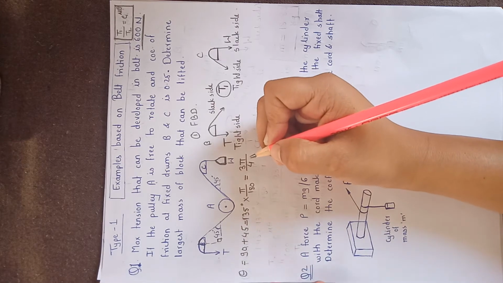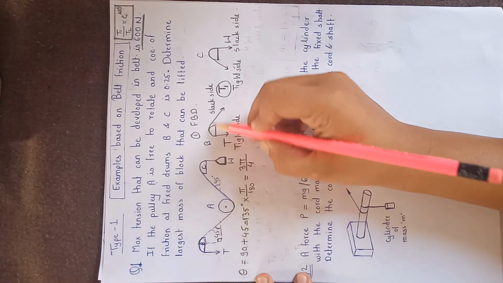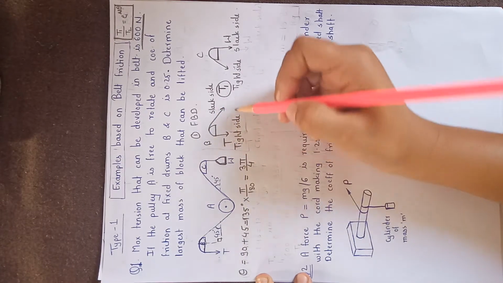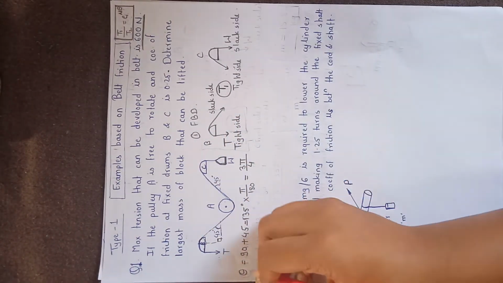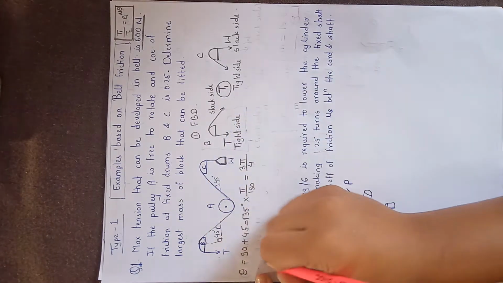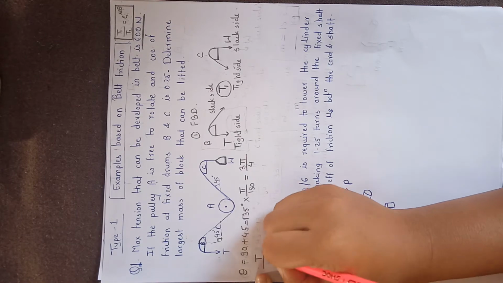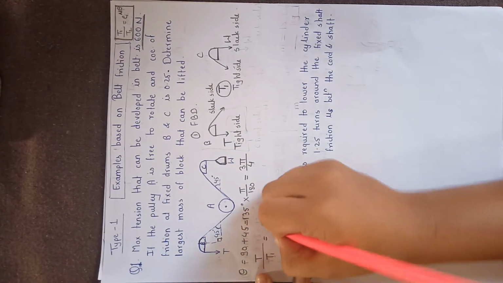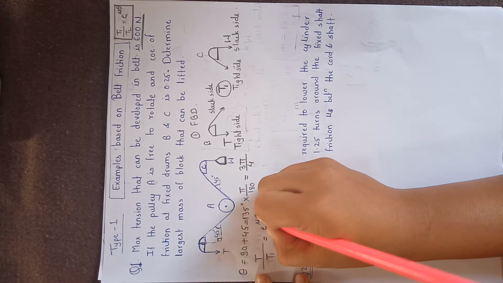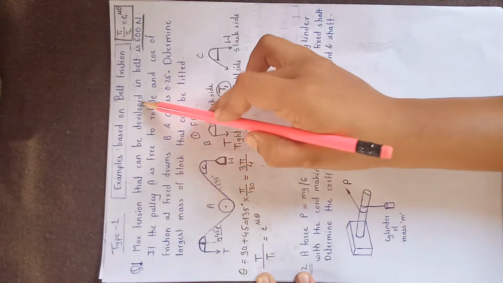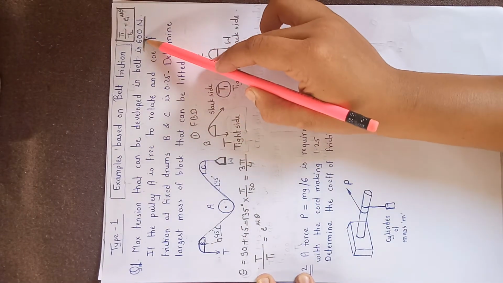Okay, then if we consider this as a system, tension on tight side T upon tension on slack side T1 is equal to e raised to mu theta. We are given that maximum tension that can be developed in belt is 600.